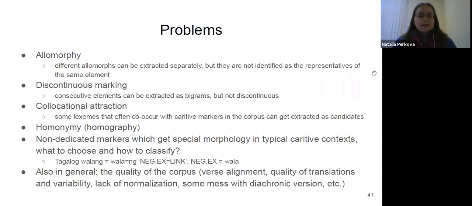Then it's hard to classify some non-dedicated markers which get special morphology. So they sort of look special, but probably they are not really special. So I think this is a tricky case for the whole team, probably. And also the quality of the corpus is still an important issue because there are many problems there with the quality of translation, variability, alignment, and also non-normalization problems.